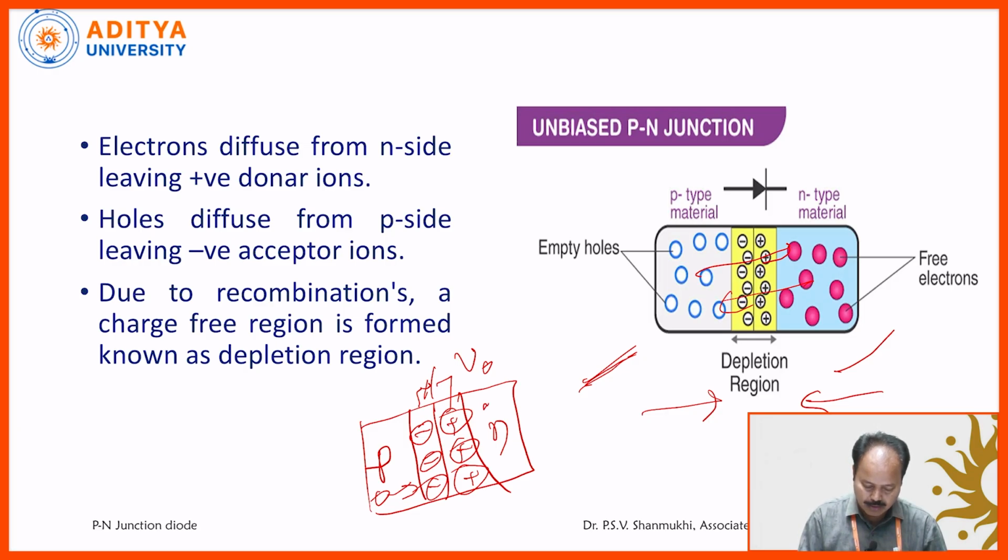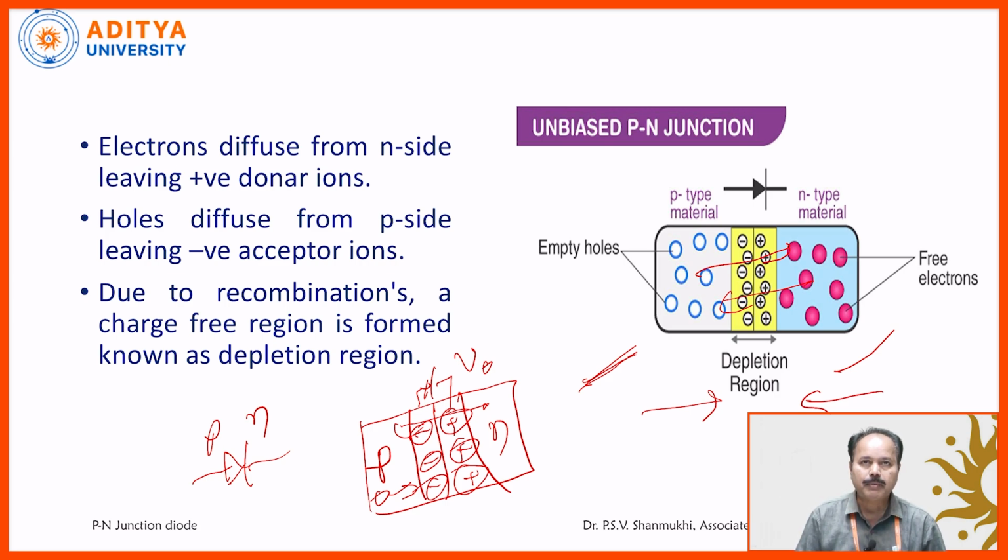Similarly, electrons trying to go into the p side are repelled by the negative acceptor ions. That's why these charge carriers cannot move from one place to another. This is called an unbiased p-n junction diode, with p side and n side. In this way a p-n junction diode is formed.